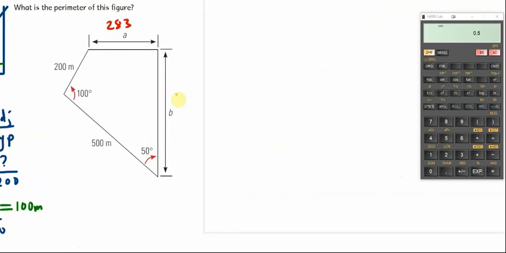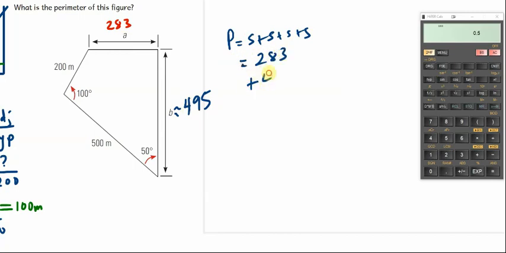We did all that work before to figure out what B was. I have that written down, 494.6, or roughly 495. And now the perimeter is side plus side plus side plus side. It's going to be 283 plus 495 that we just calculated, then 500, and then 200.